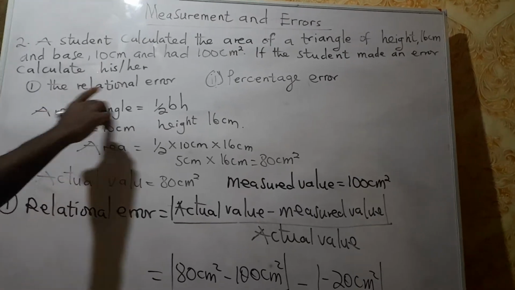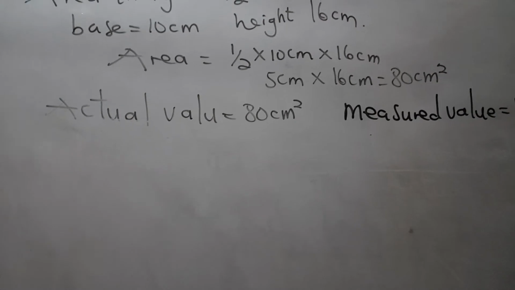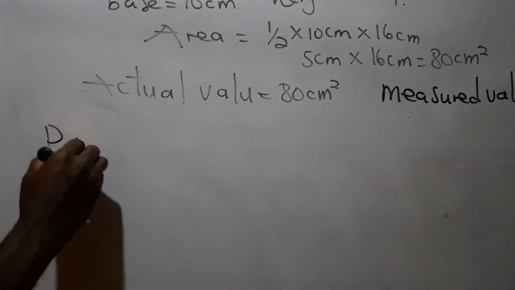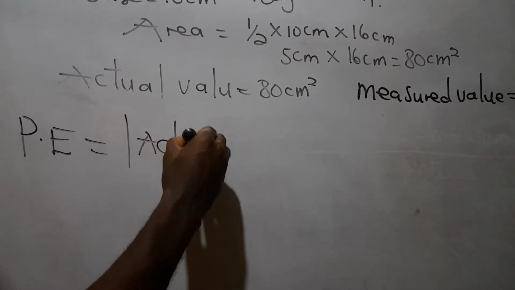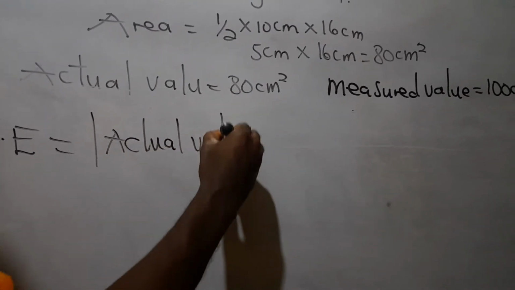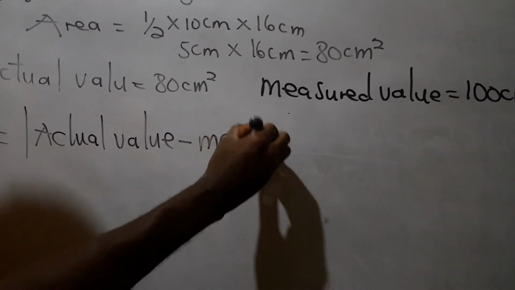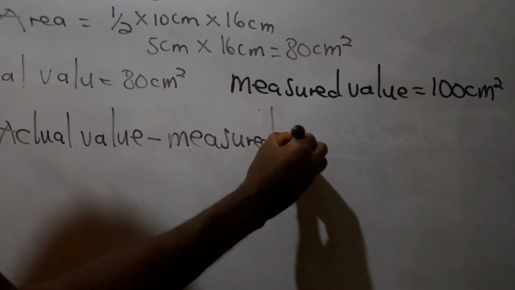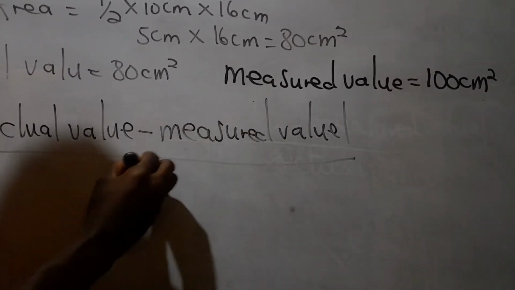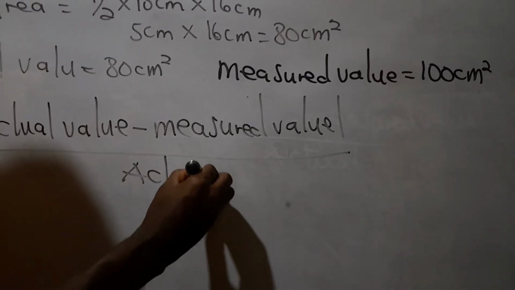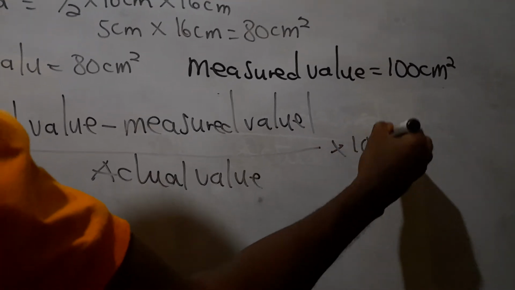The next one is the percentage error. So the percentage error, remember, is equal to the absolute value of actual value minus the measured value, all over the actual value, times 100%.